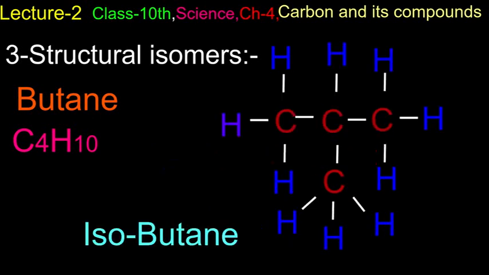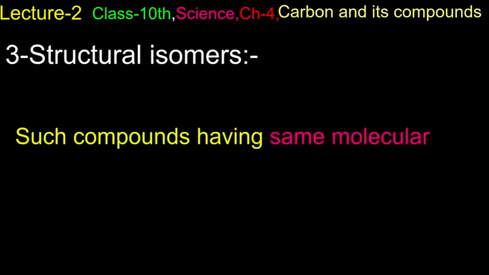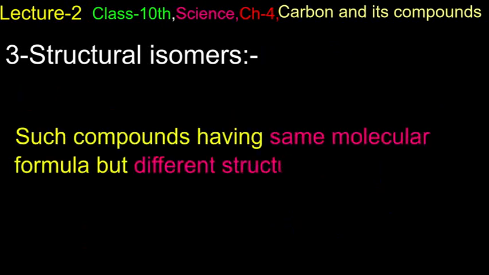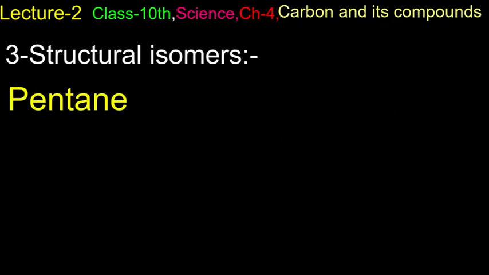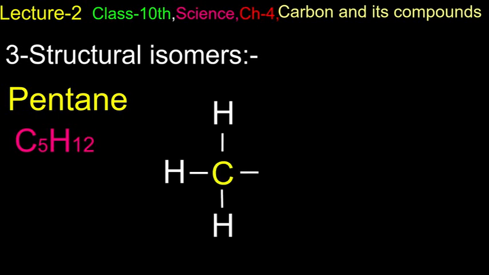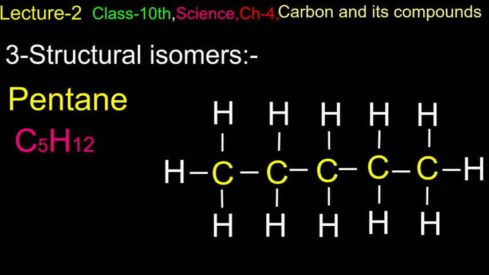It can have another chain structure. Such compounds having same molecular formula but different structures are called structural isomers. About other isomers you will study in higher classes. Next, it is pentane. Chemical formula is C5H12 and one of the chain structure is CH3, CH2, CH2, CH2, CH3.